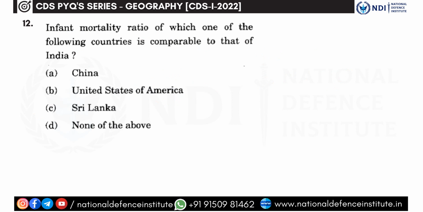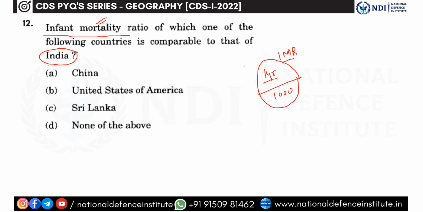Let's go for the next one. Infant mortality rate or the mortality ratio of which one of the following countries is comparable to that of India? What is infant mortality rate? Infant mortality rate is something where you measure the number of deaths of children less than 1 year for 1,000 babies. We call it infant mortality rate.